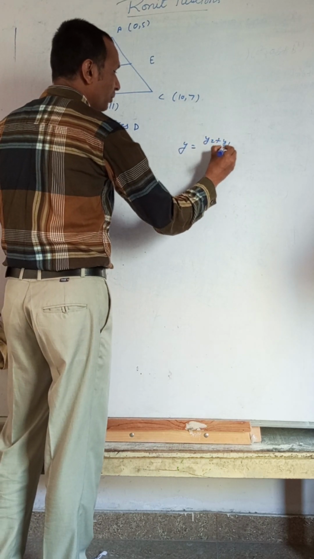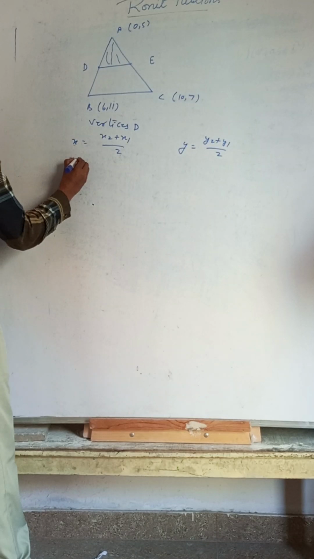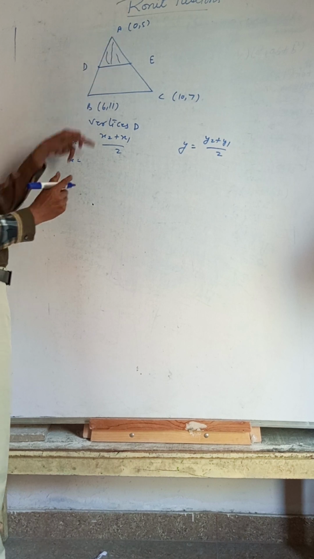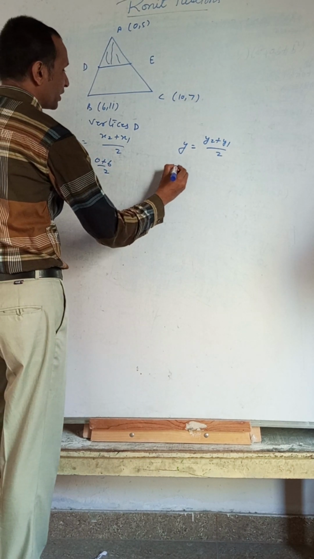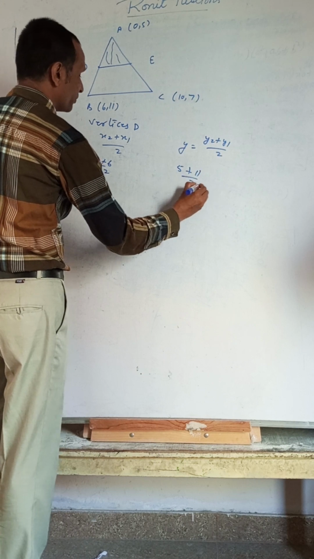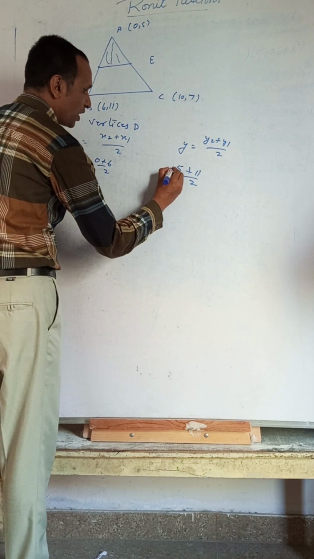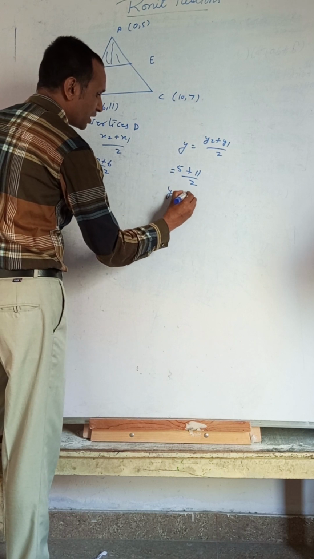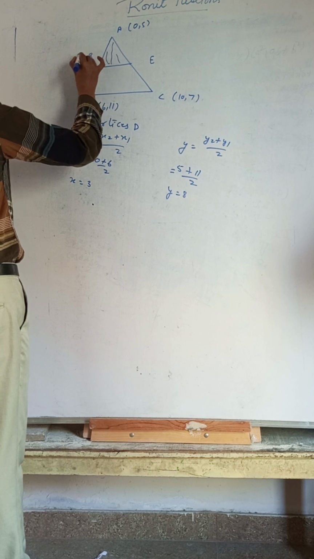Y2 plus Y1 by 2, because of the midpoint formula. It is already given that D and E are the midpoints. So x is equal to 0 plus 6 by 2, and y is 5 plus 11 by 2. So x is equal to 3 and y is equal to 8. So here we got (3, 8).